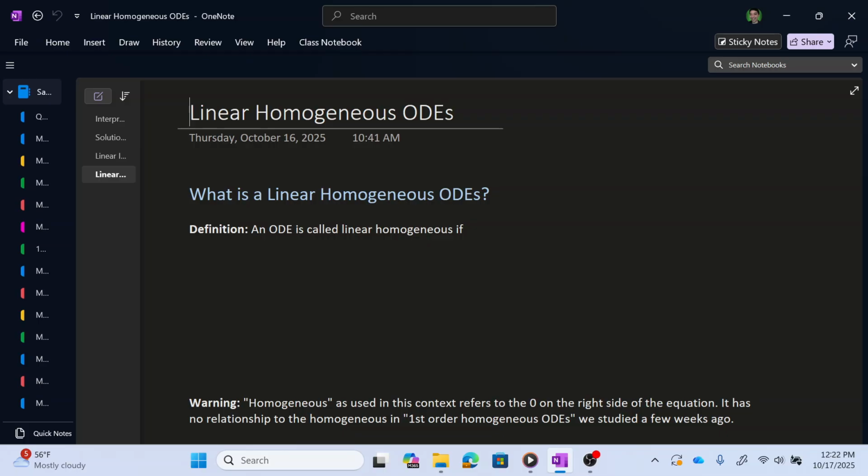Today, we will talk specifically about what's called a linear homogeneous differential equation and some of the theorems that apply to equations like that make it easy to solve them.